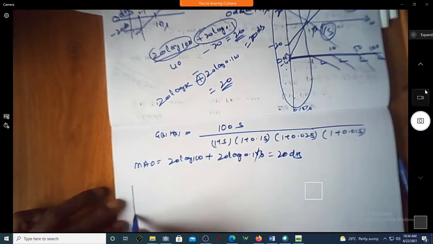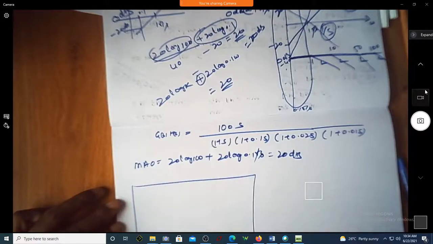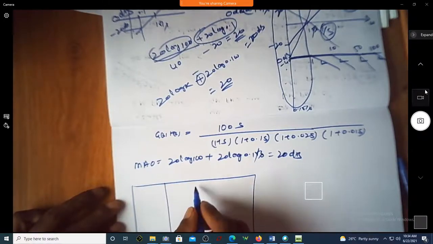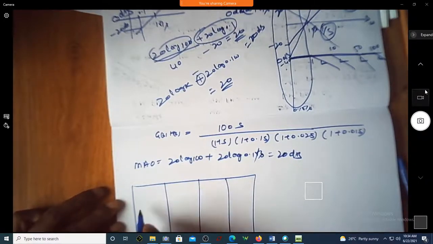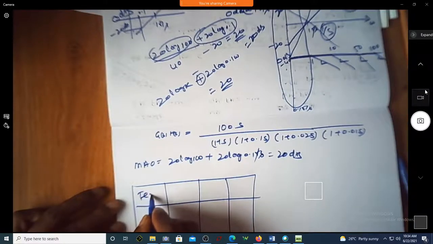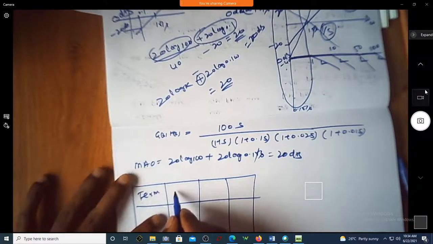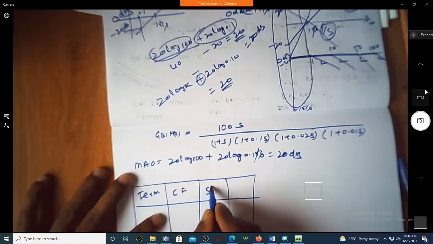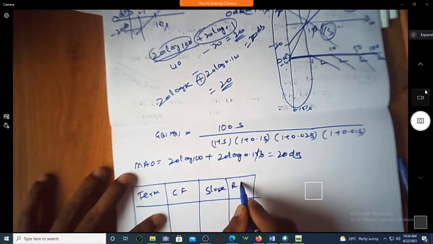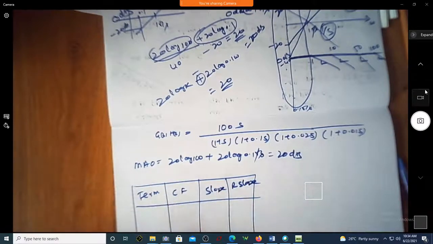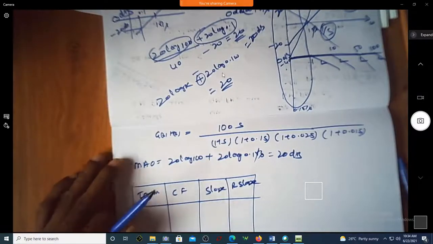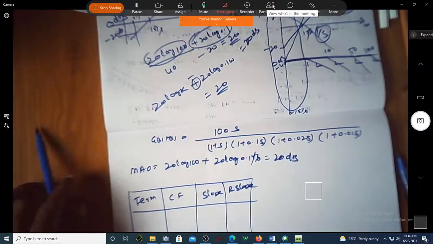Shall we write the table? Is this clear now?